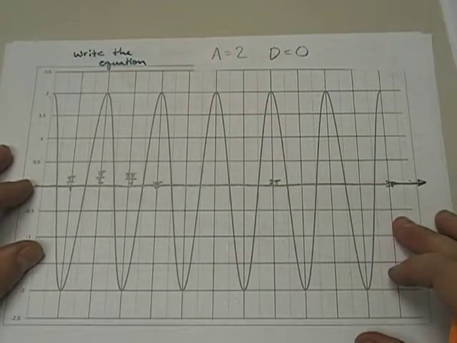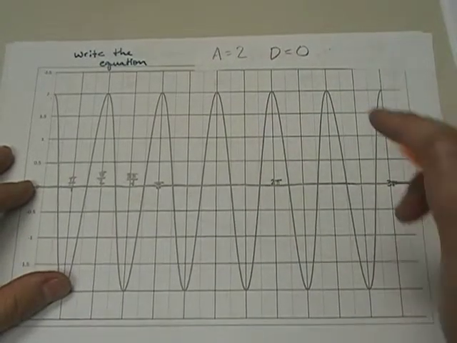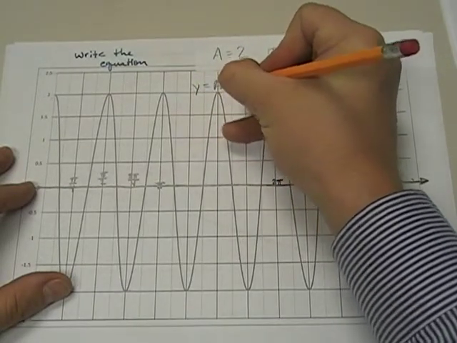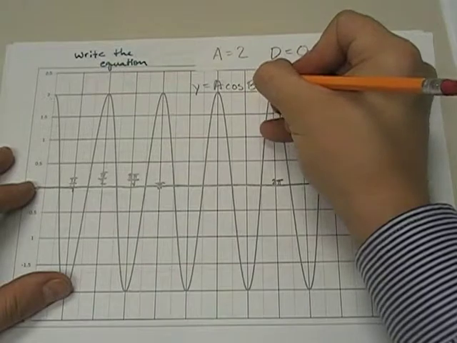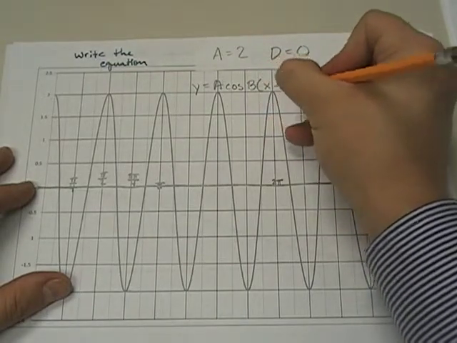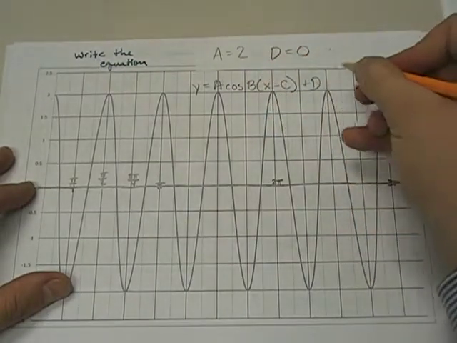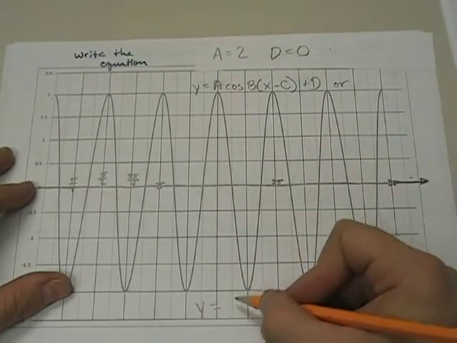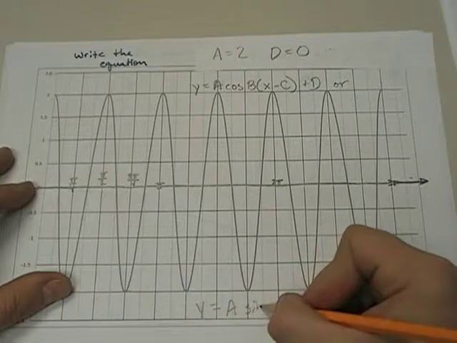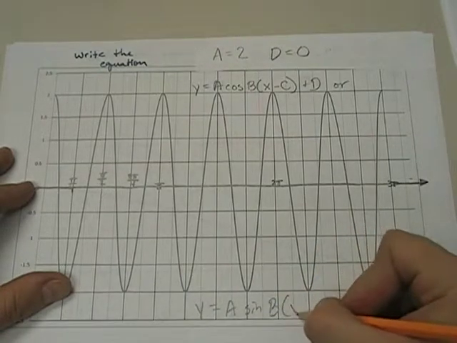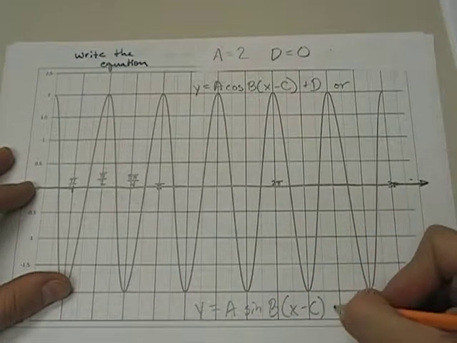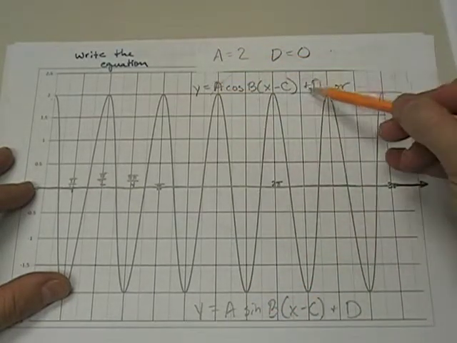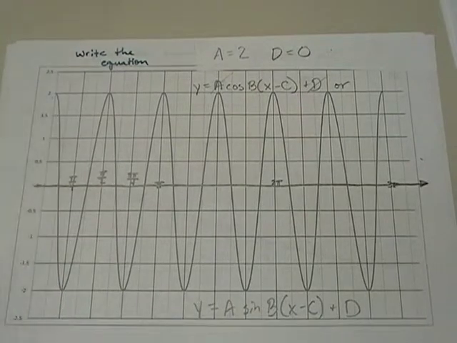So I know A and I know D. And I'm looking for a function in the form y equals A cosine (B x minus C) plus D, or y equals A sine (B x minus C) plus D. So I know A and I know D very quickly and very immediately.